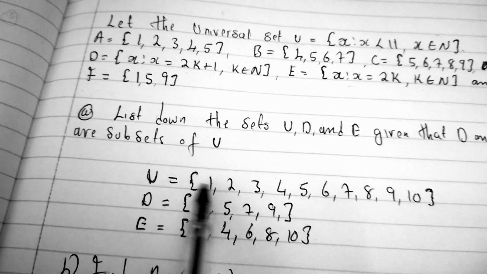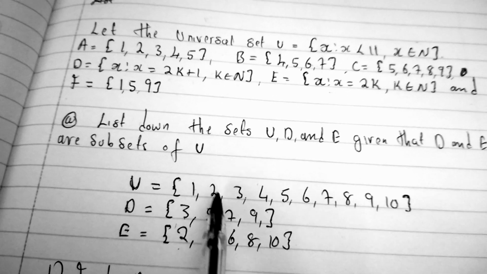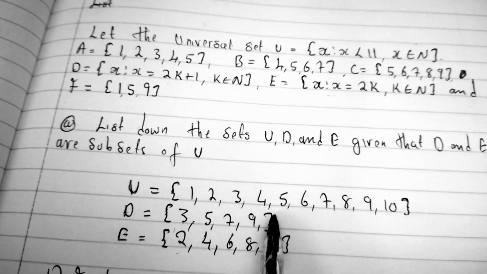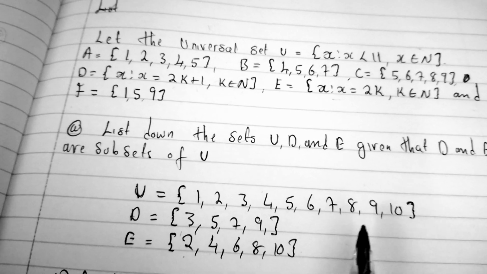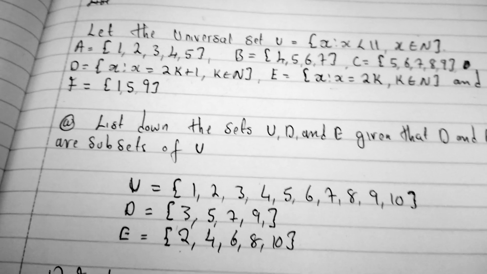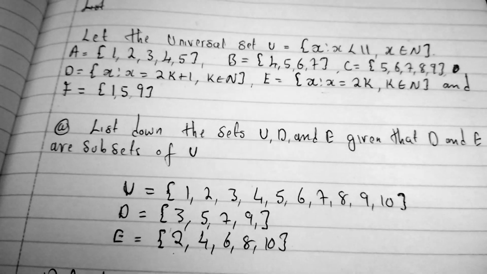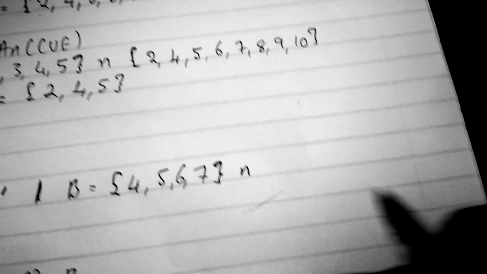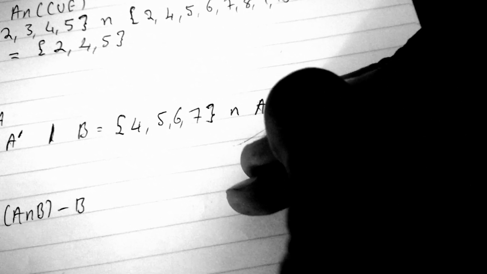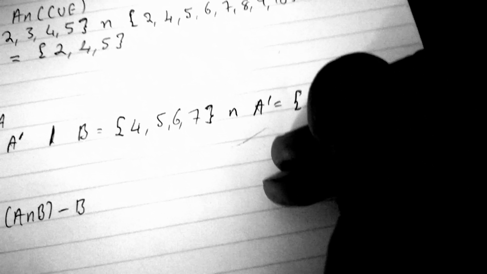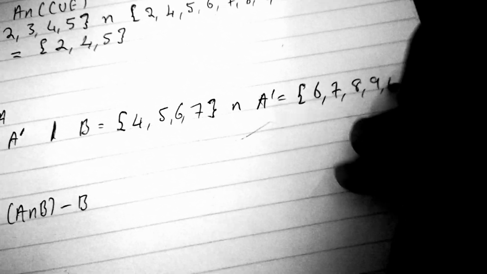So 1 is there, 2 is there, 3 is there, 4 is there, 5 is there, but 6, 7, 8, 9, and 10 aren't there. So I'll start from 6 up to 10 as what's not in my A. So my A complement is 6, 7, 8, 9, and 10.